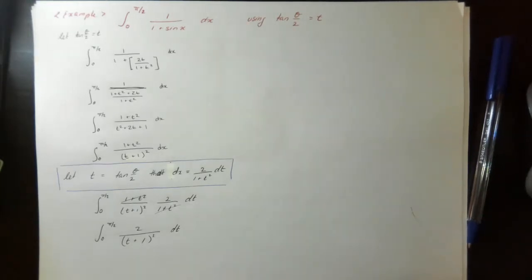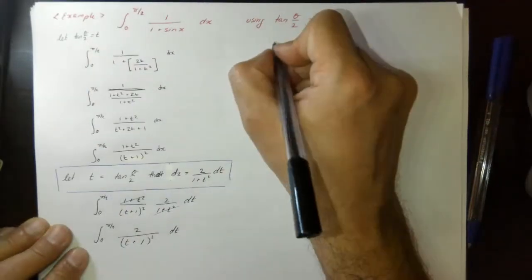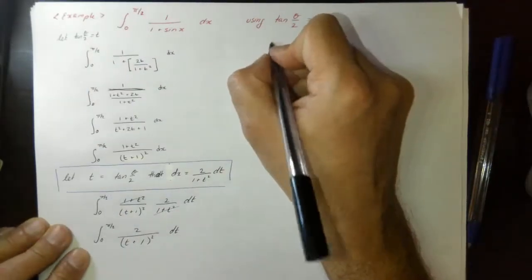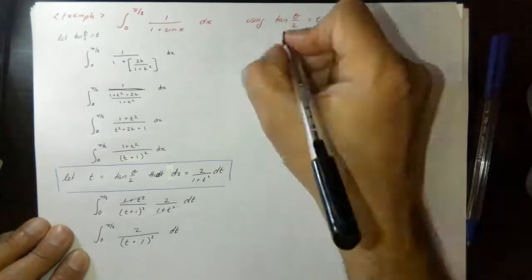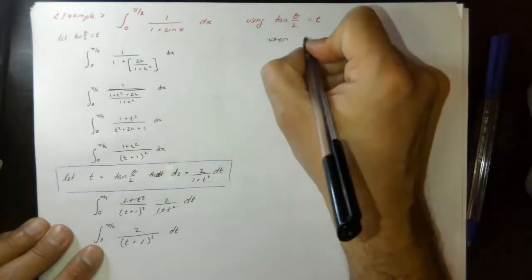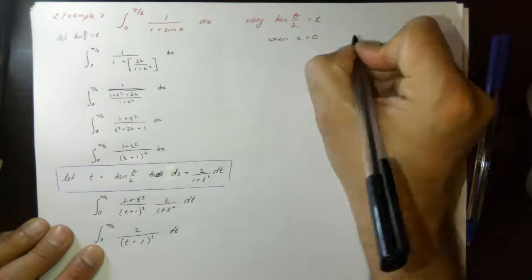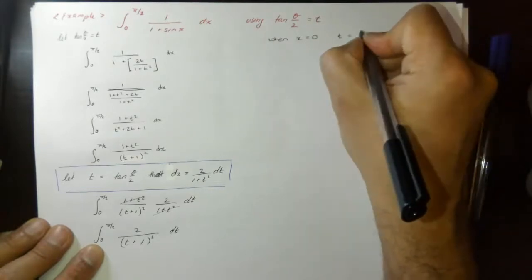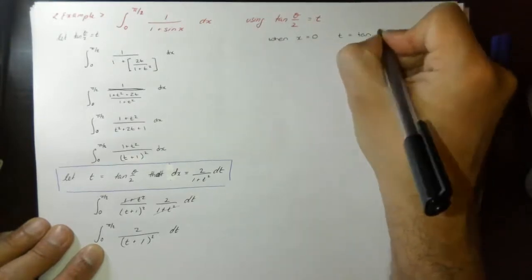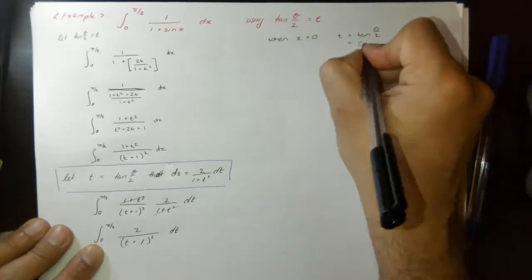Now really I should go back and replace these boundaries. So when x is equal to 0, we get t is equal to tan 0 on 2, which is just 0.